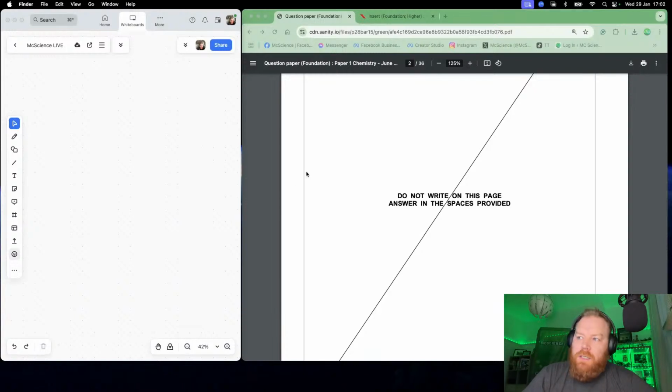So at the minute, as you can see, I've got a whiteboard down the left side for a bit of information, and then I've got an exam paper. Now, just for ease today, I am going to show an AQA past paper, and this might be that you're AQA, it might be that you're Edexcel or OCR, but in general, they all follow the same process, the same skills, the same information.